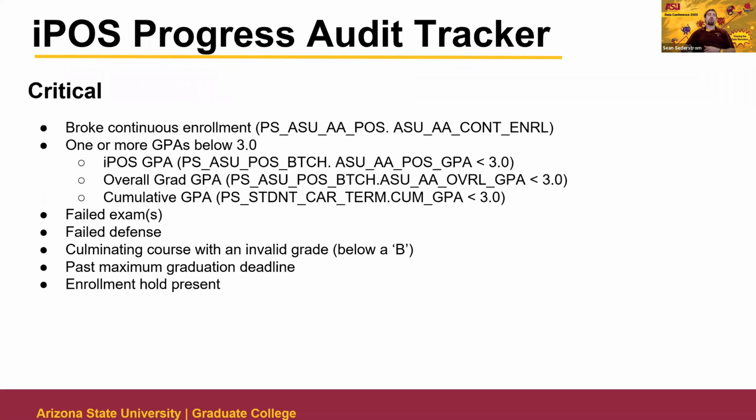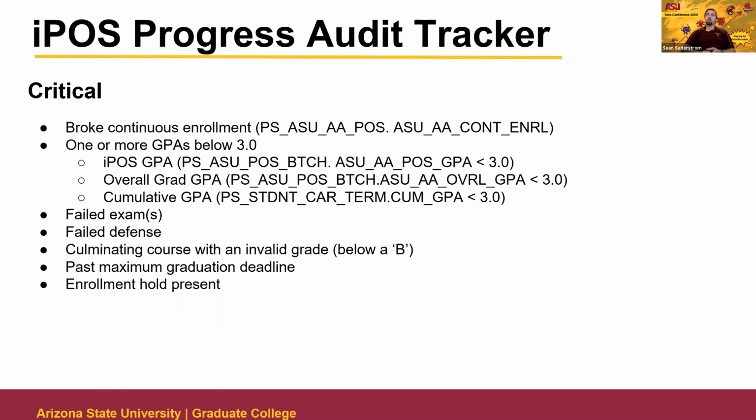And then the critical items. So things that are really going to cause potential issues for the student. Breaking continuous enrollment. That's another policy item: students are required to be enrolled in all semesters. So if they break that, they will need to take action to address it. Otherwise, they won't be able to graduate. GPAs, same thing.